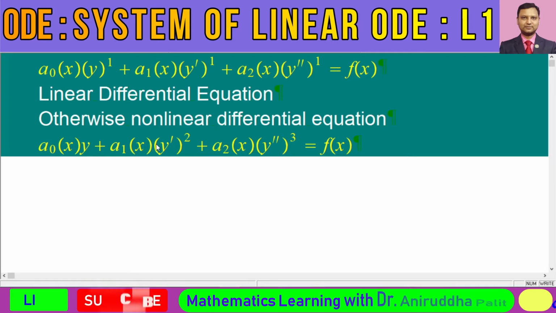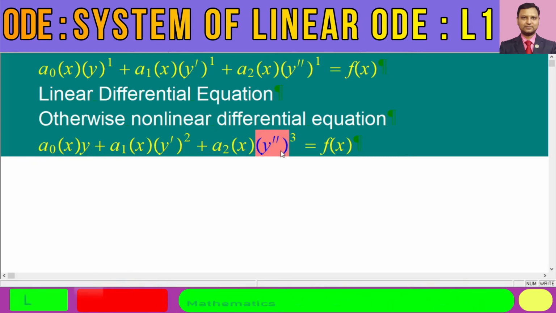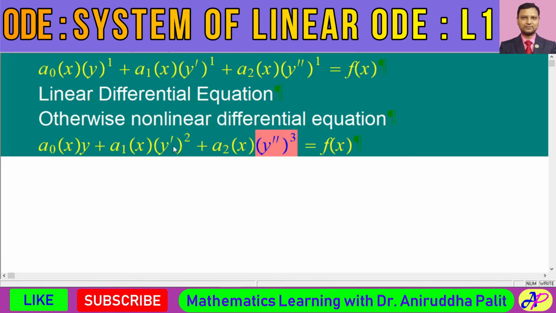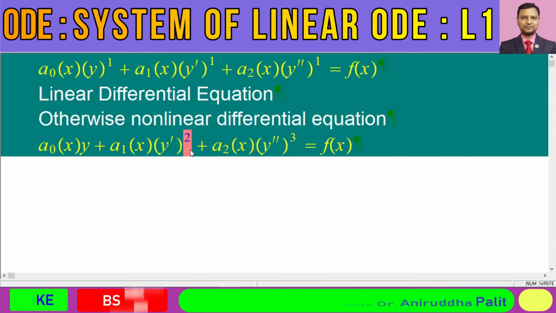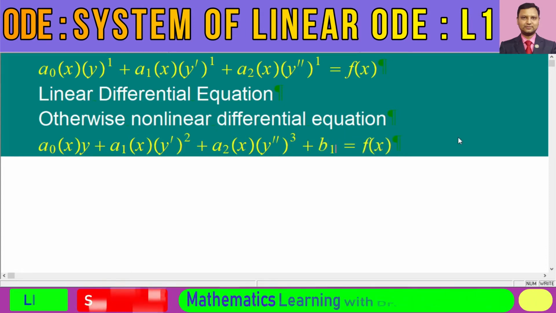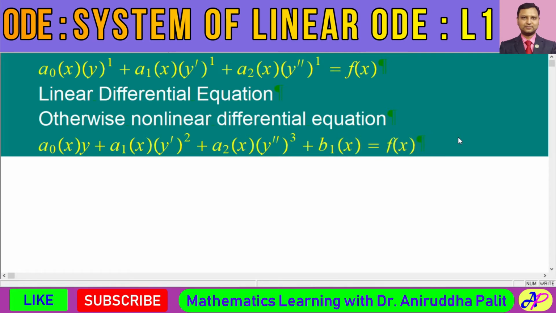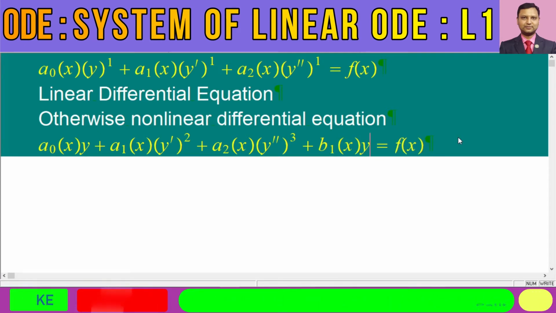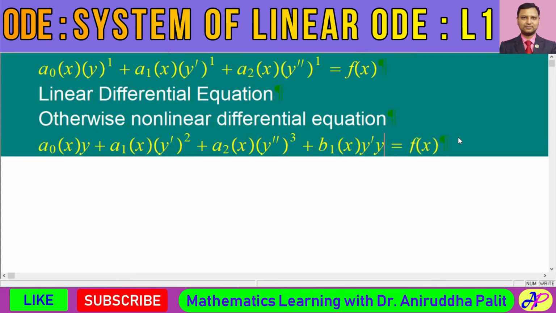In that case, the power of y double prime is equal to 3, and the power of y prime is equal to 2. We may also have this kind of expression like b1, maybe some function of x, into y prime into y double prime, so we actually have the product of two derivatives.